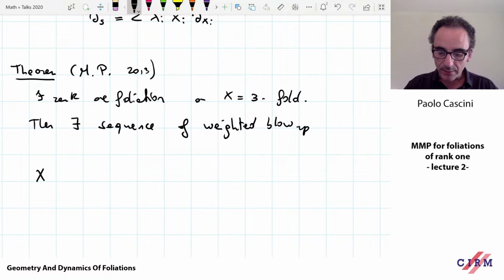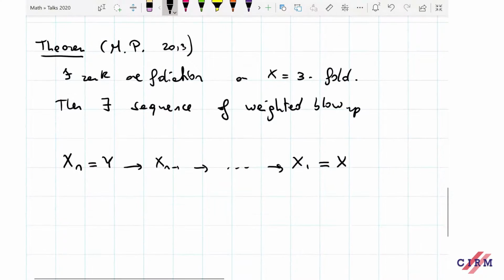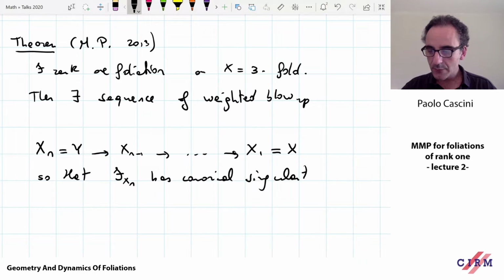So let me write the sequence like this, in such a way that the induced foliation on Xn will have canonical singularities.